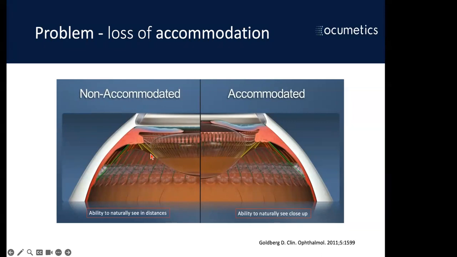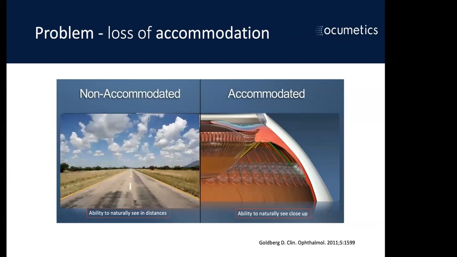So on one side, we call it the non-accommodative state. If you look at this lens from top to bottom, it's actually slimmer. The reason it's slimmer is these attachments in this muscle here pull on that lens equally to thin it out so you can see in the distance. When you look in the distance, you can look into infinity.